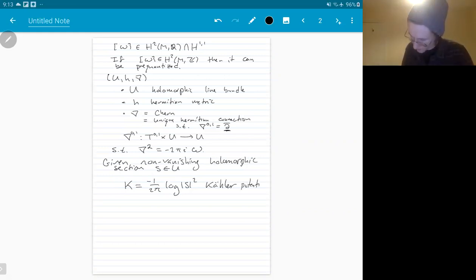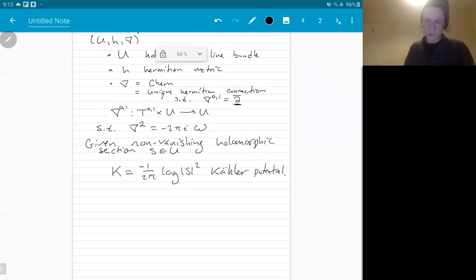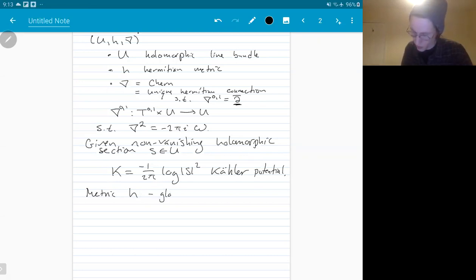So this gives a Kähler potential. And you can think that in the case that the symplectic form is pre-quantizable, the Hermitian metric gives a global meaning to the potential.